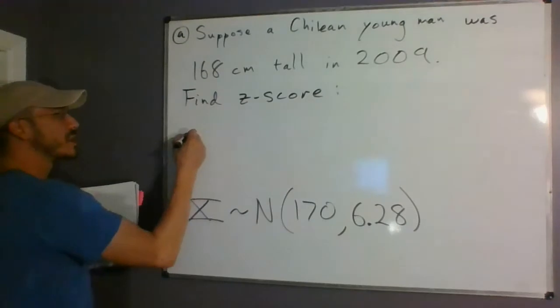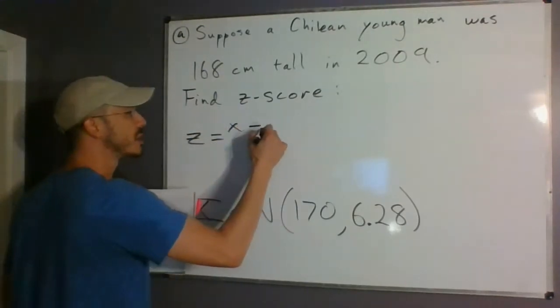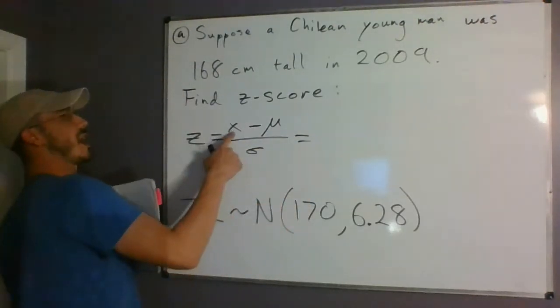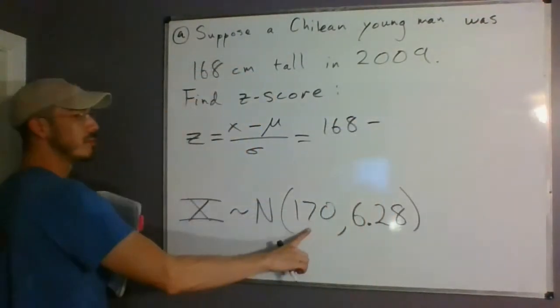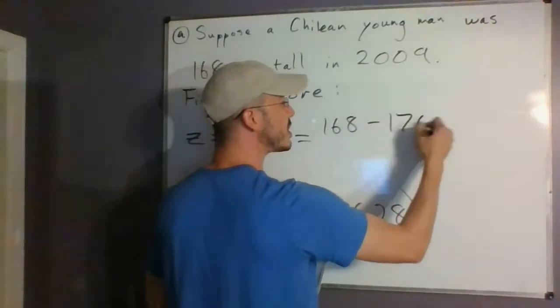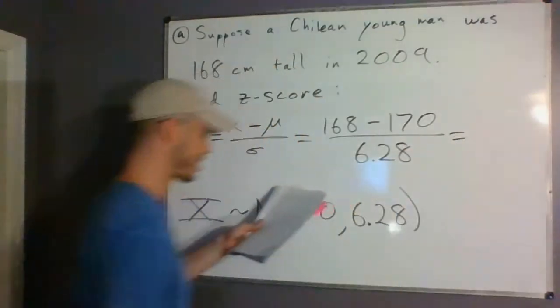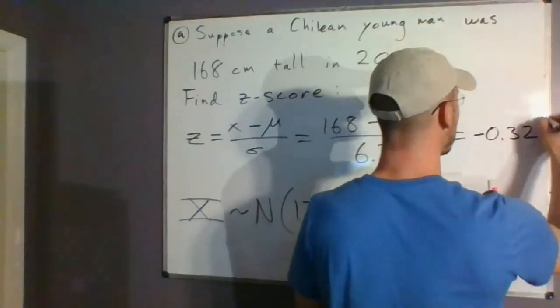We want to find the z-score, so I'm going to put the z-score formula, x minus mu over sigma. In this case, the x is 168, the mu is 170, and the sigma is 6.28, and this comes out to negative 0.32.